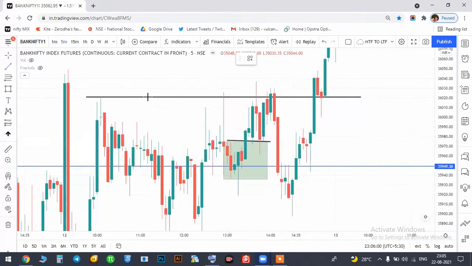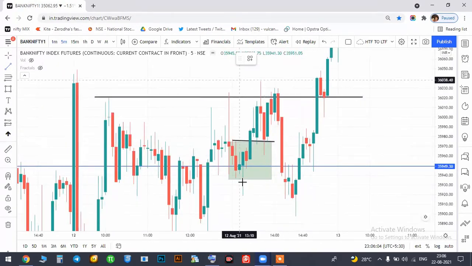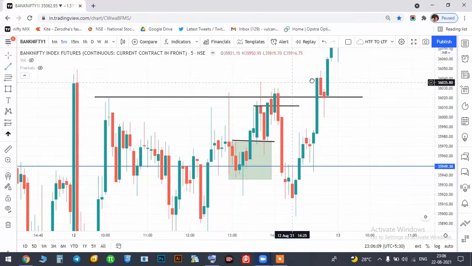This zero line was your older target, so price just hit it, or you can say this was your safe target.